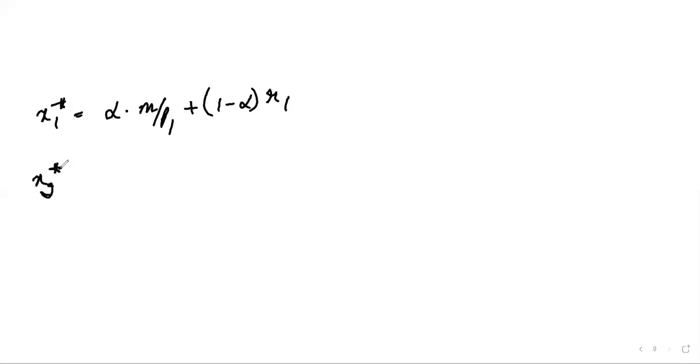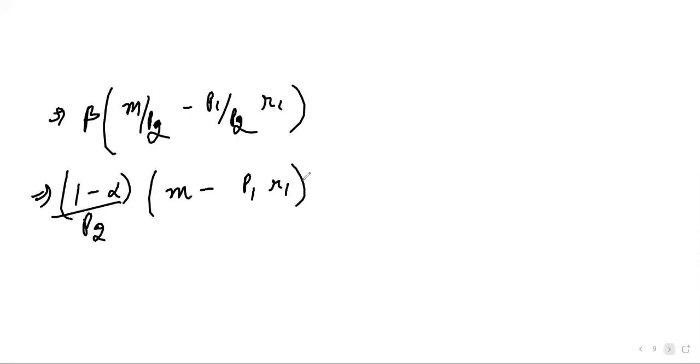I'm just writing everything in terms of alpha. I know alpha plus beta is 1. So I've got my x2 star as 1 minus alpha by P2 into M minus R1 into P1.